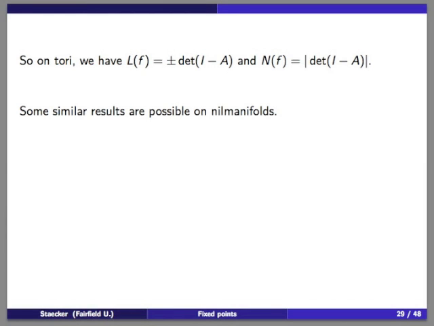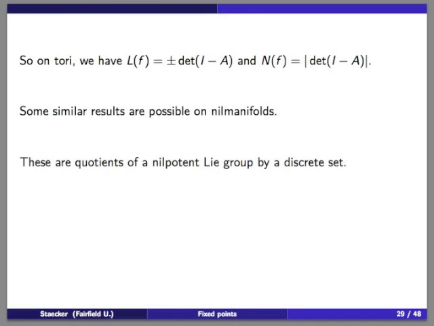It turns out some similar things are also possible on nil manifolds, which are more general. A nil manifold is a quotient of a nilpotent Lie group by a discrete lattice, so that the result is a compact manifold. A torus is an example, being R^n modulo Z^n, but more generally, you can do similar tricks with the Nielsen theory of any nil manifold and get similar kinds of formulas and similar ideas of linearizations.